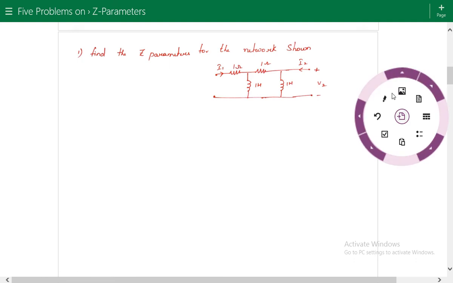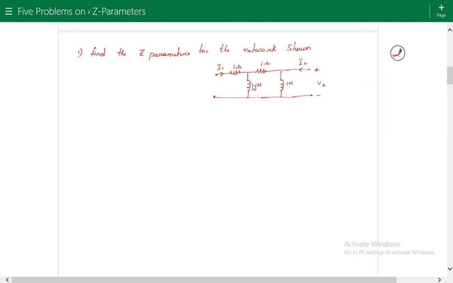So see here, what can we draw? We can draw the network with 1 ohm, 1 ohm, and an inductance.